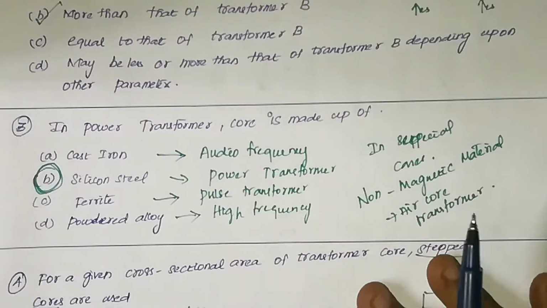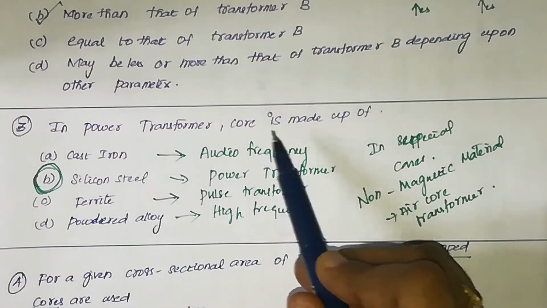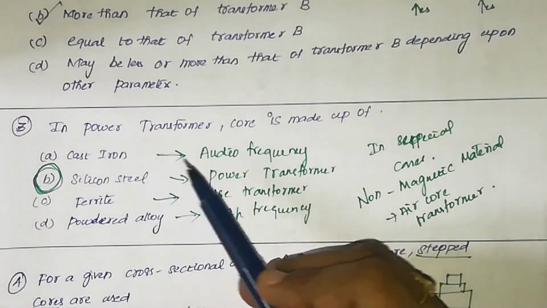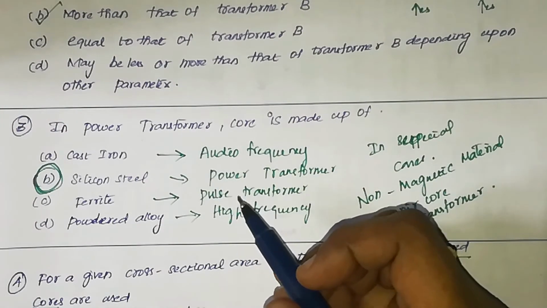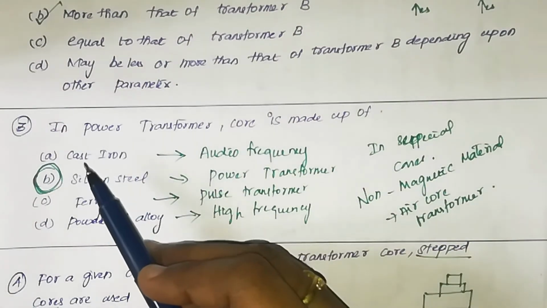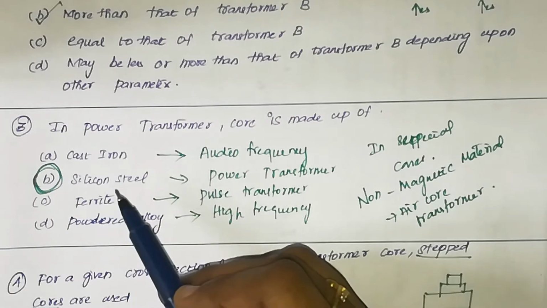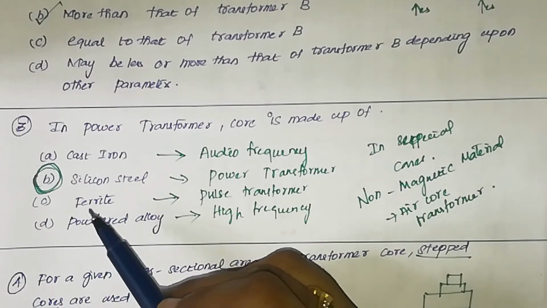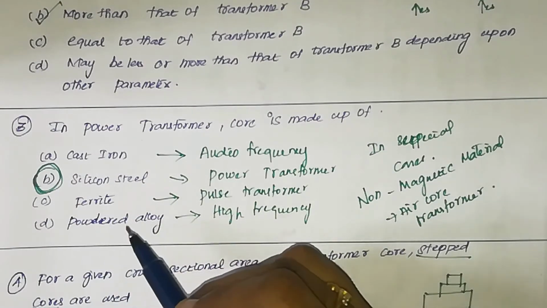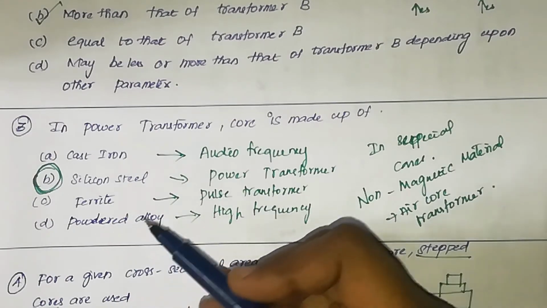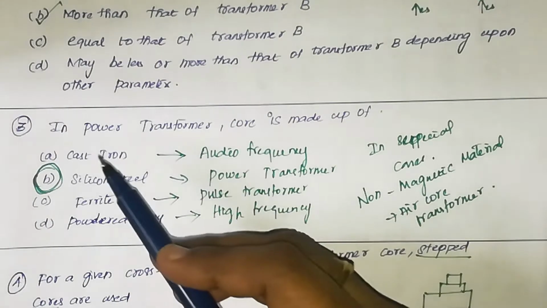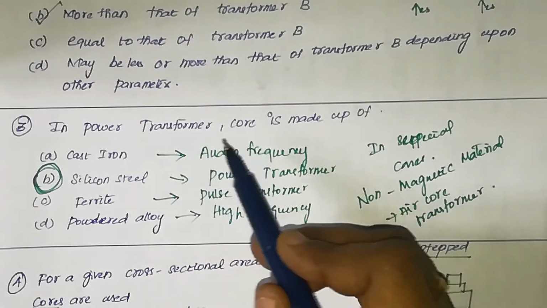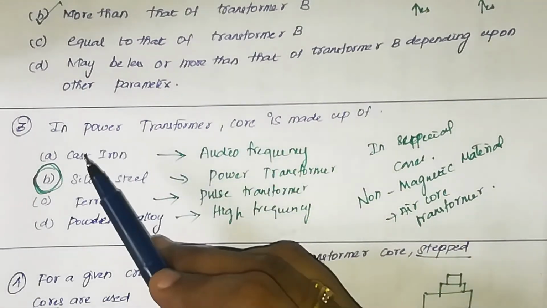Third question: in a power transformer the core is made up of: option A cast iron, option B silicon steel, option C ferrite, option D powered alloy or powered ferromagnetic alloy. The core in an audio transformer is made up of iron.